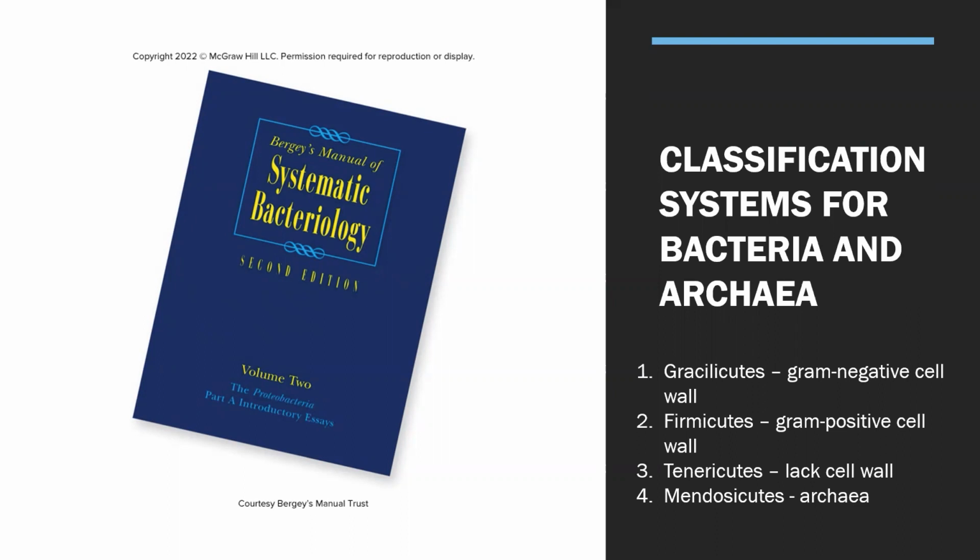These would be ones that have a thin layer of peptidoglycan. We have gram-positive bacteria that have a gram-positive cell wall, a very thick layer of peptidoglycan, but only 2 layers on the outside, not 3, like a gram-negative cell. We also have bacteria that lack a cell wall, that are going to just have a much more reinforced cell membrane. And then we have archaea.